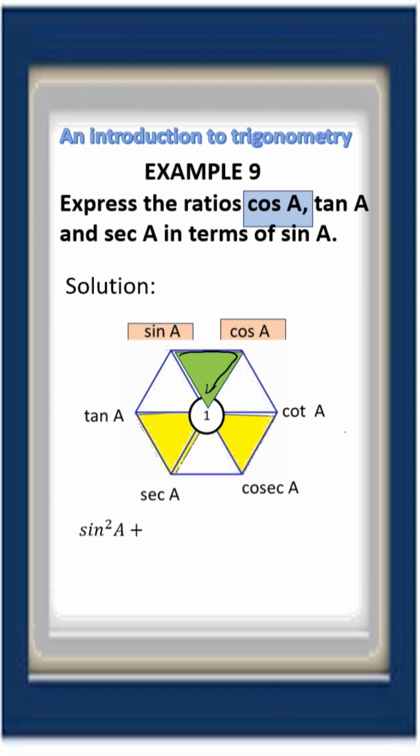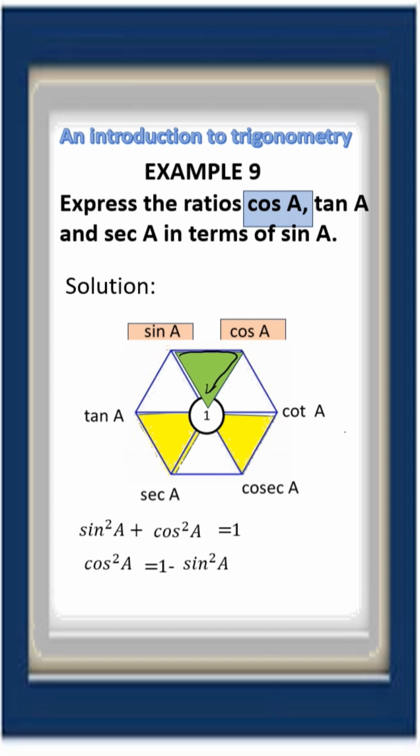We have to express cos A in terms of sin A. So move sin square A to RHS. So cos square A is equal to 1 minus sin square A.